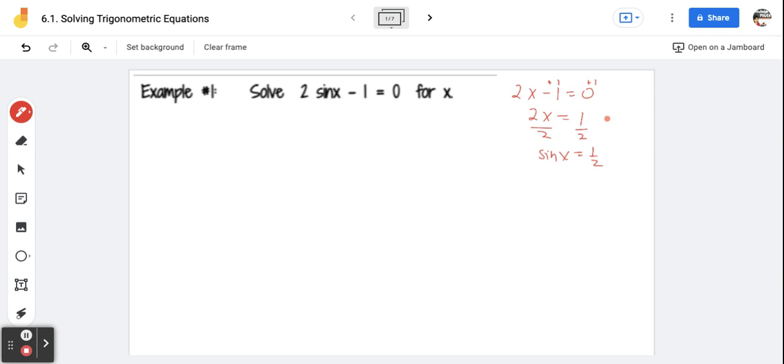That's equal to 1/2. So you're going to add 1 across. You're going to have 2 times the sine of x equals 1. And then dividing by 2 gives us the sine of x equal to 1/2.